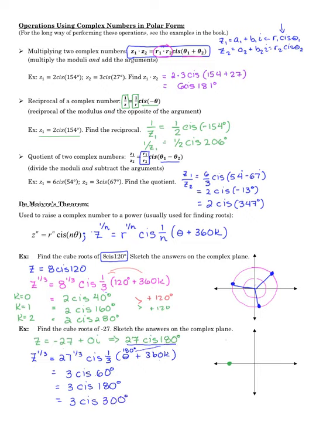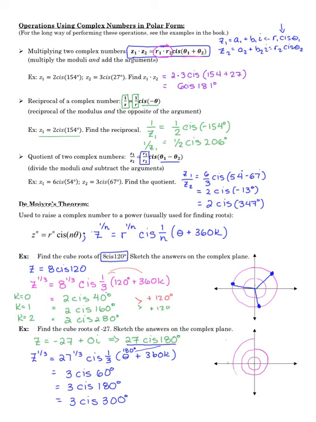If I were to add another 120, it would put me beyond once around the circle. So let me get rid of this dot for a second, because we're graphing the cube roots. Again, I'll make my own little polar graph paper.